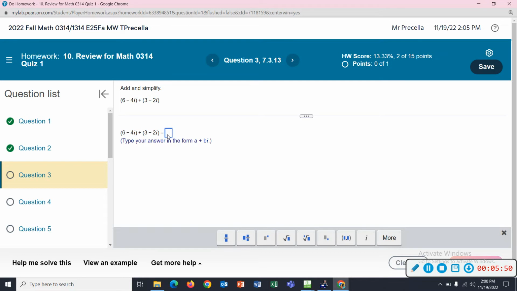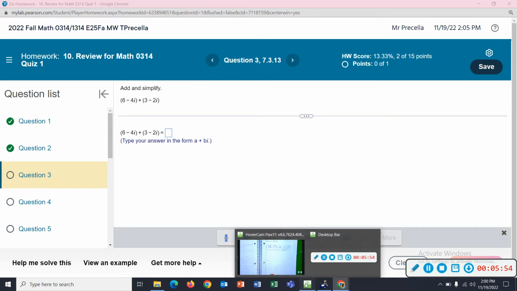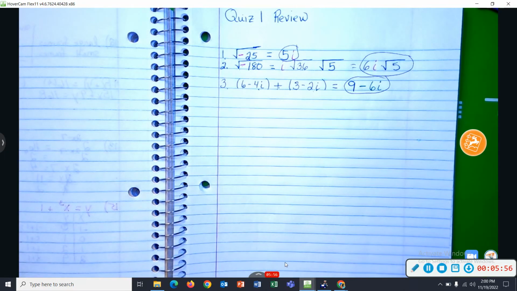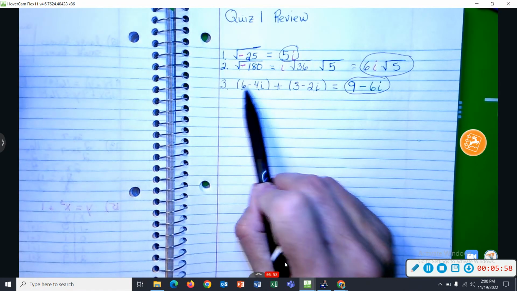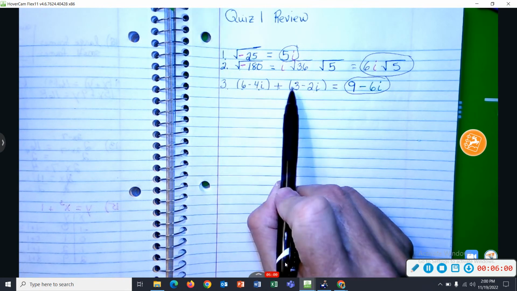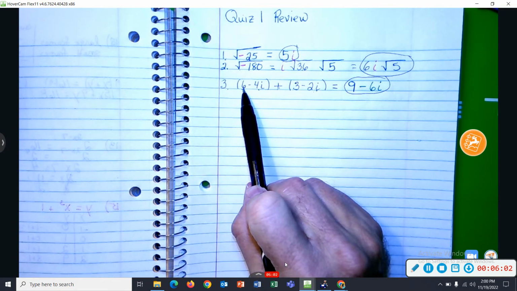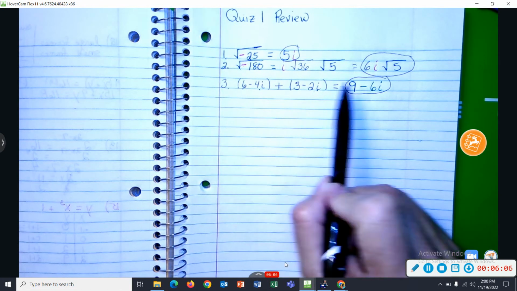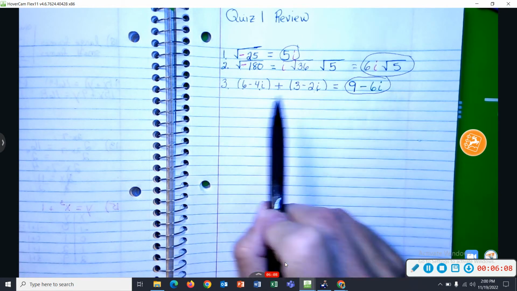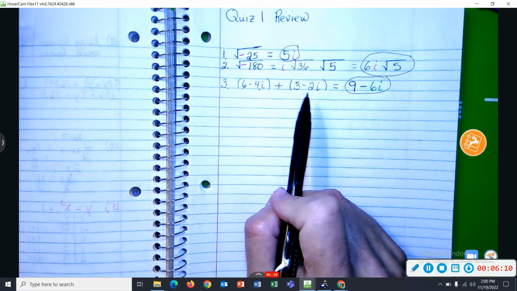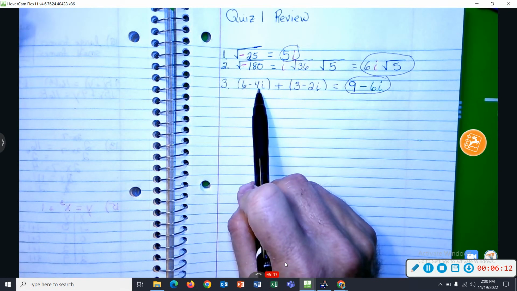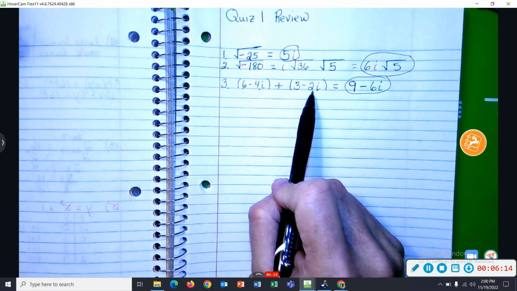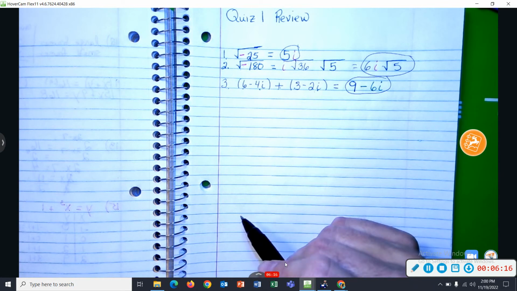Oh, look at this. I forgot to switch over here. To add complex numbers, you add the like terms. Add the real numbers, 6 plus 3, and then add the two imaginary numbers: negative 4 plus a negative 2, negative 6i.